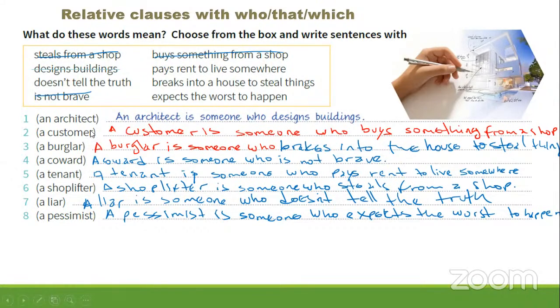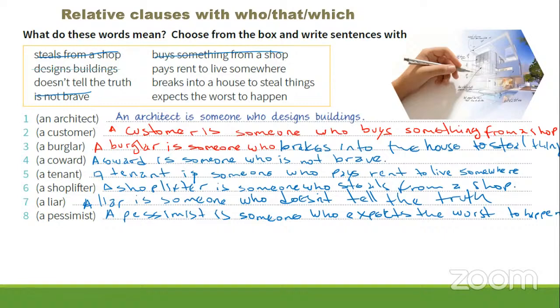A coward, un cobarde, right? Number 4. A coward is someone who is not brave. A tenant is someone who pays rent to live somewhere. Tenant is like inquilino, right?